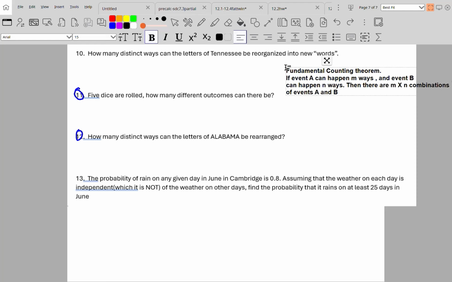So 5 dice are rolled. Now, I guess I should have said it was a 6-sided die, but it's a 6-sided die. How many different outcomes can there be?